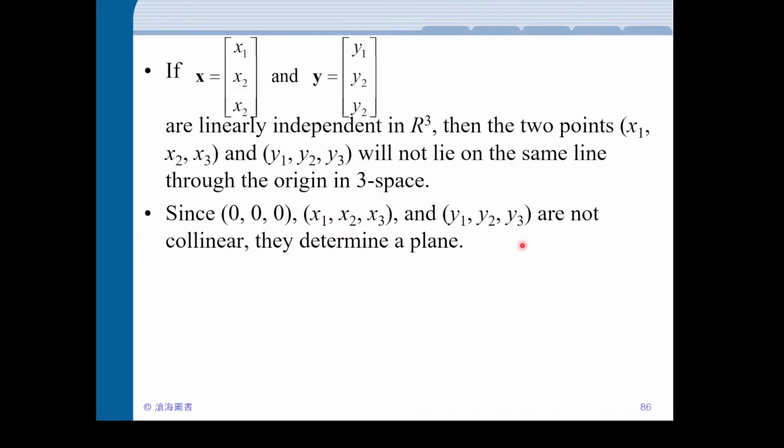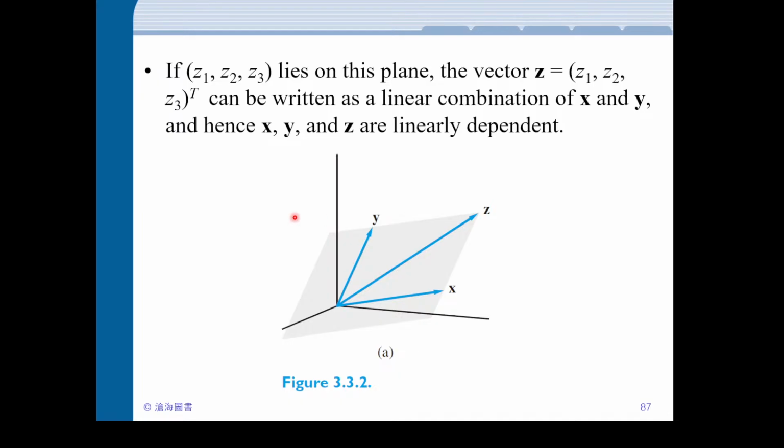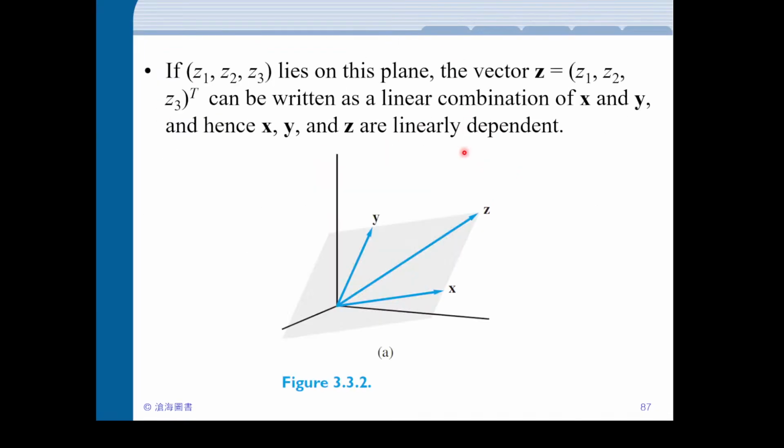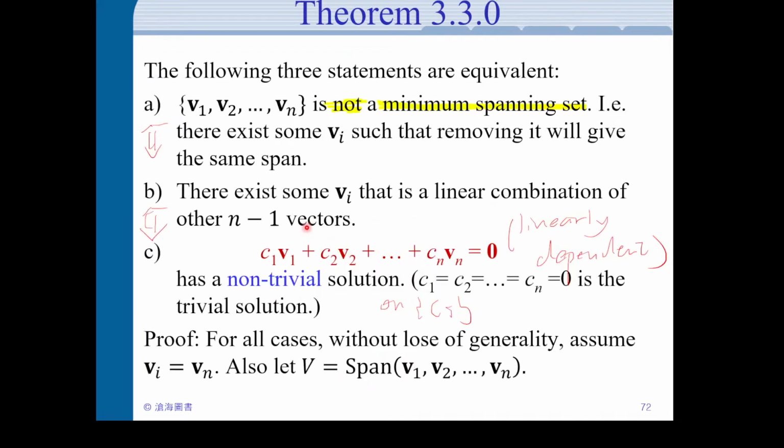And when they are not on the same line, then the origin, the x point and the y point will be 3 points that are not on a line, and 3 points will determine a triangle and determine a plane. If now you have a third vector, you want to see whether adding the third vector makes those three vectors linearly dependent, then you want to check whether the third vector is a linear combination of those two vectors.